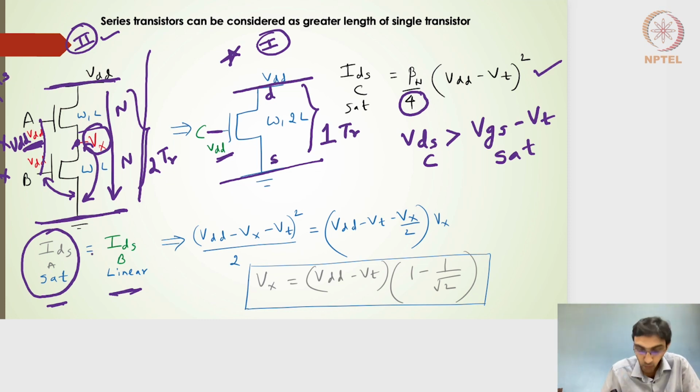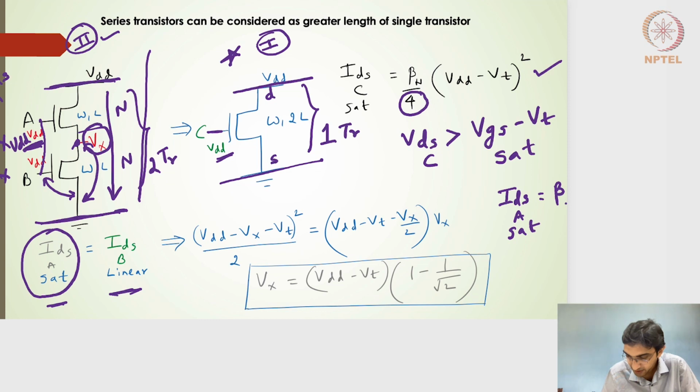So if I now equate these two current equations, the betas of this particular transistor multiplied by, if it is the saturation region, so let me write it here. So IDS of the transistor A has to be in saturation.